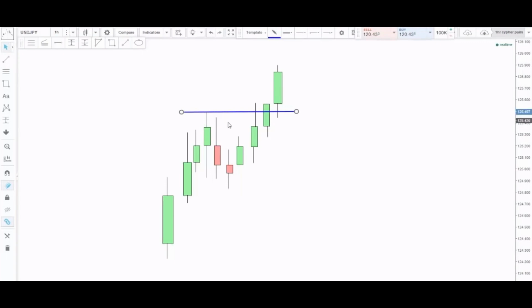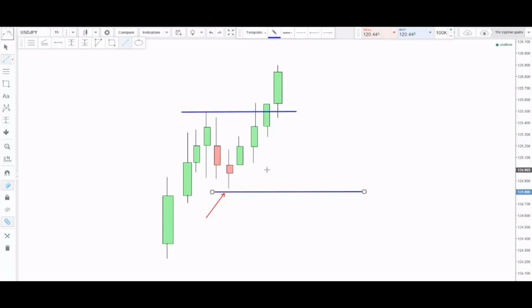Since we broke above and closed above this most previous resistance level, our expectation would be a continuation of bullish momentum, a continuation to the upside, before a break below the most previous swing low right here. So what we expect this market to do is to go up further before it comes down and breaks below this most previous swing low.